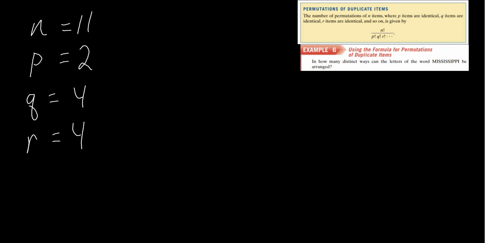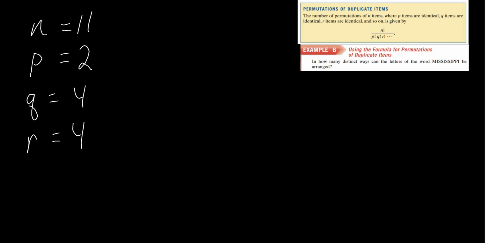Okay, so by using the numbers that we have in our formula here, we have n factorial, which is going to be 11 factorial. That's going to be all over 2 factorial, 4 factorial, and 4 factorial. And I don't really like the way that looks.